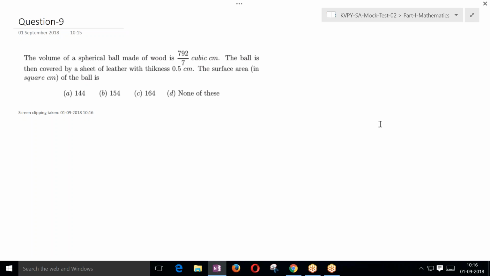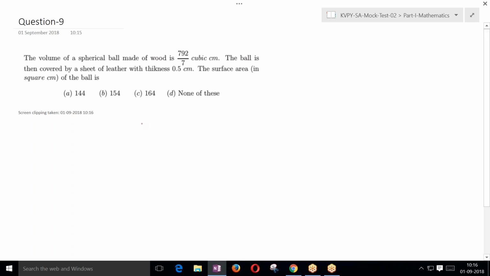Then the ball is covered by a sheet of leather with thickness 0.5 centimeter. The surface area in square centimeter of the ball is what? So what we can do is, we need to find the surface area of the ball covered with the leather sheet.